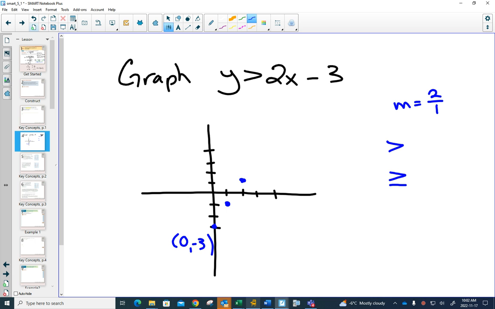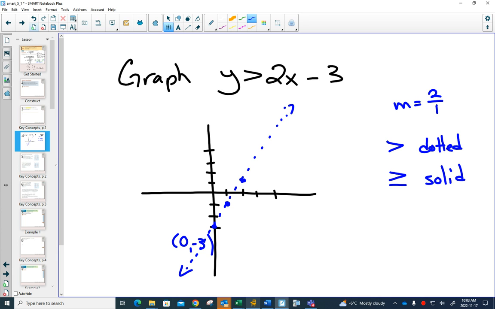And the difference is whether the equal sign was included. Do you remember that? The equal sign is included, you draw a solid line. If the equal sign isn't there, the line isn't included. So this one doesn't have it, so we would draw our straight line, but have it dotted.